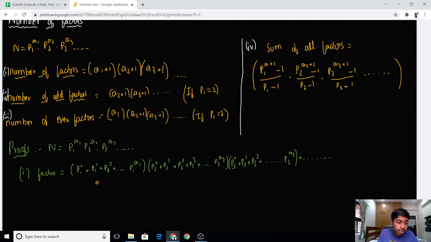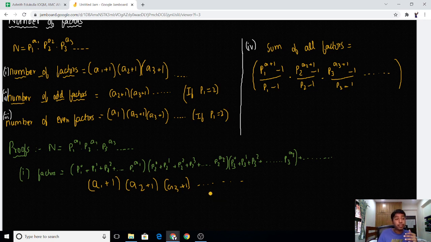Here you can realize that there are a1 plus 1 terms, here there are a2 plus 1 terms, and here there are a3 plus 1 terms, because from 1 to a1 there are a1 terms, and 0 is also included, so you will have a1 plus 1, and so on. That is why this formula exists. That is why we get a1 plus 1, a2 plus 1.